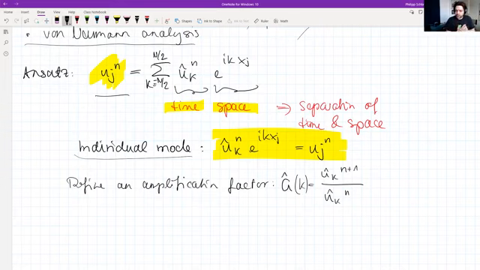So we need to make sure that we calculate this amplification for each spatial wave number. So it's g hat of k. And now with this amplification factor, we can go back to our definition of stability. And so the condition for stability.